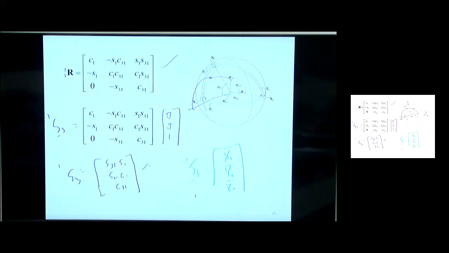So we're going to equate those and get 3 equations. Let's try green as a nice color. I'm going to have x2 bar equal to S31 S1, y2 bar equal to S31 C1, and z2 bar equal to C31.